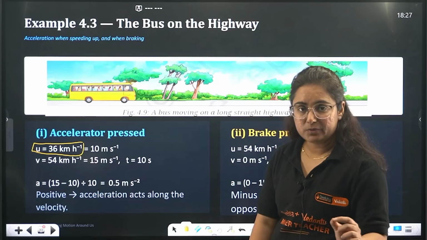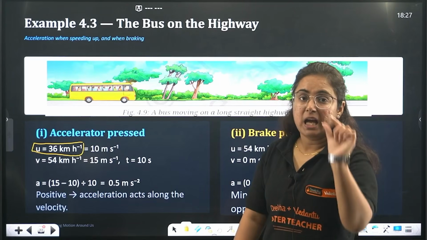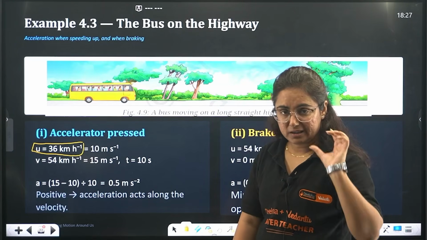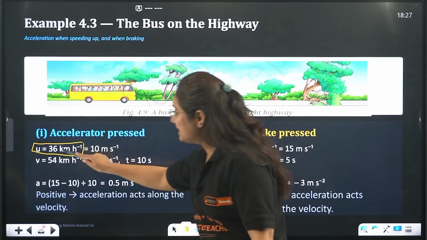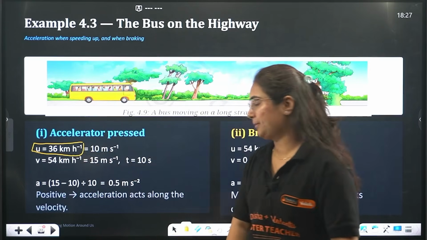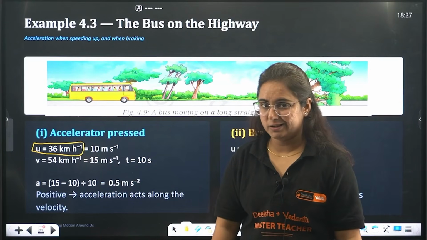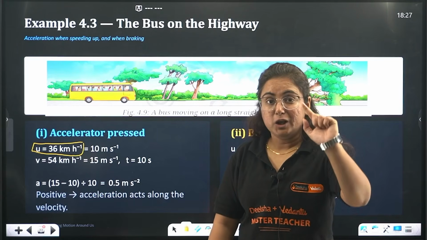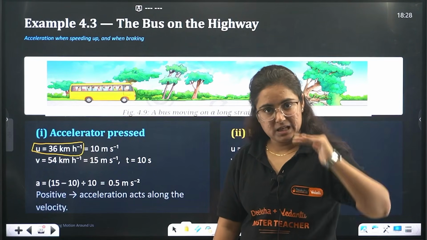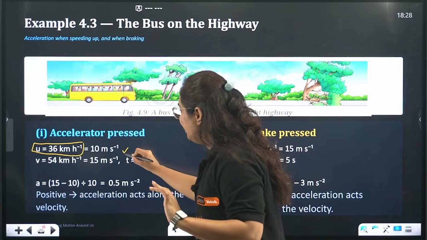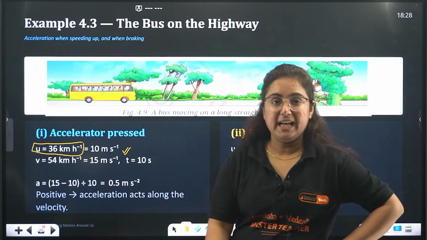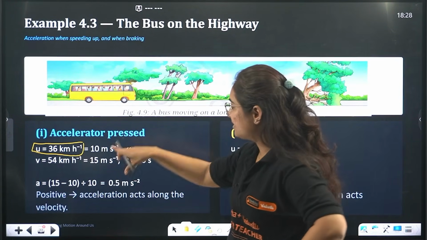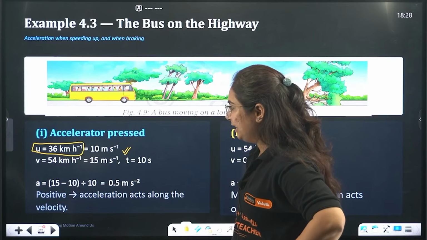That means the speed of your bus in the time interval was 36 km per hour. And hence, your velocity, upon time, becomes 10 meter per second. In 1 second, how much were you moving? Just 10 meter. Okay, fine, beta.